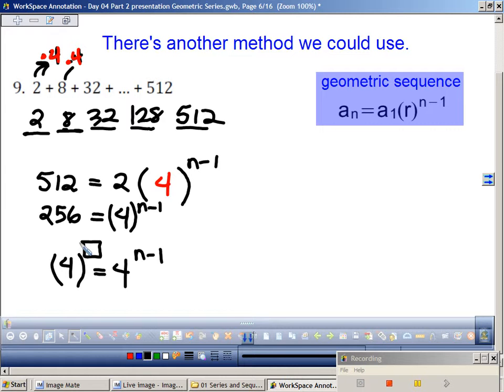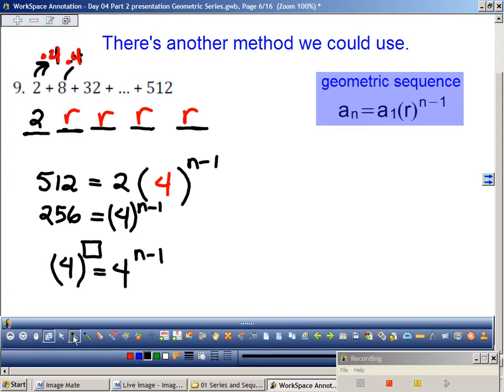We know that each one of these is being multiplied by 4. I'm going to erase them. Okay? So do you see why, in order to find out how many R's I need to get rid of that 2? Okay, we're going to come back to it and see if you can see it.